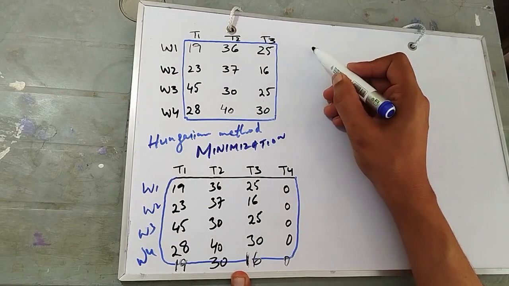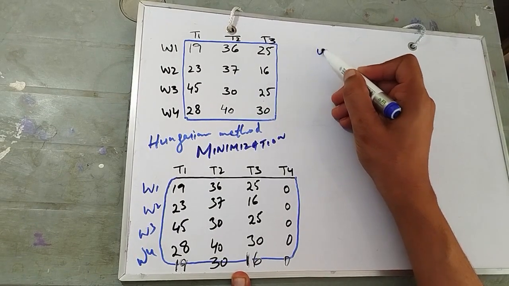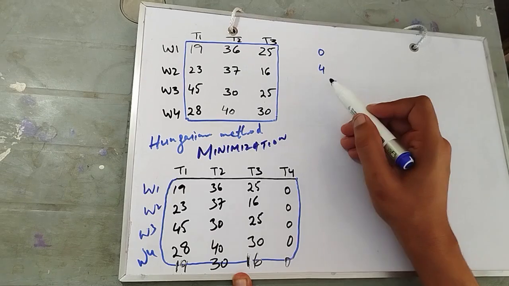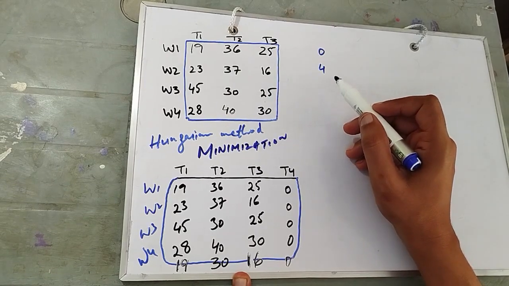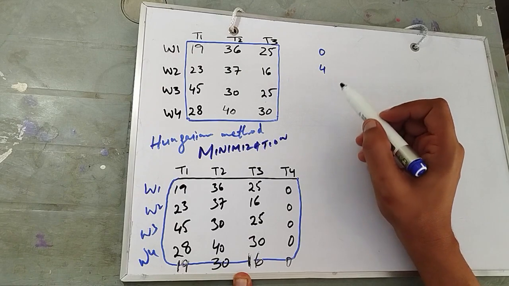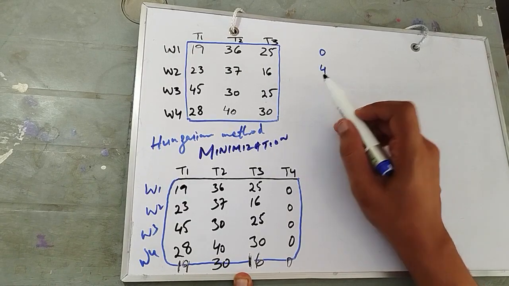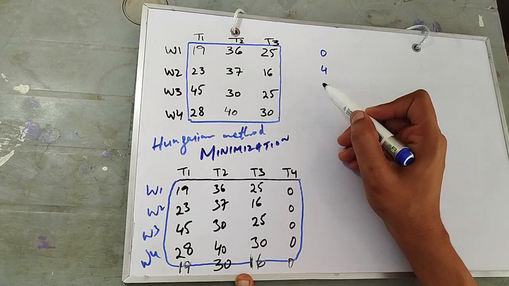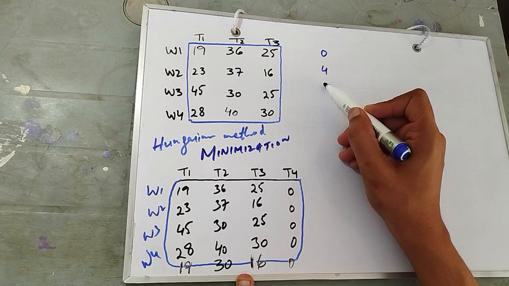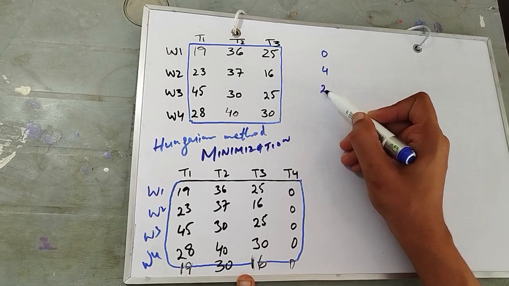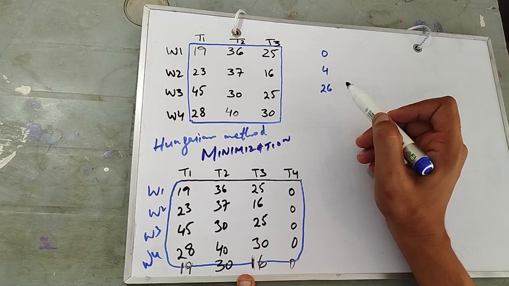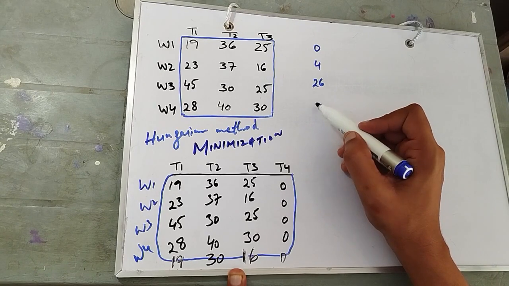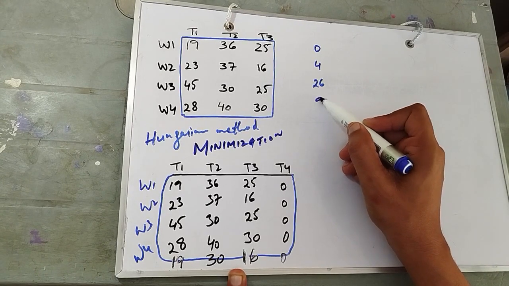So what we will get: 19 would be 0, 23 would be 4, 45 would be 26, and it would be 9.